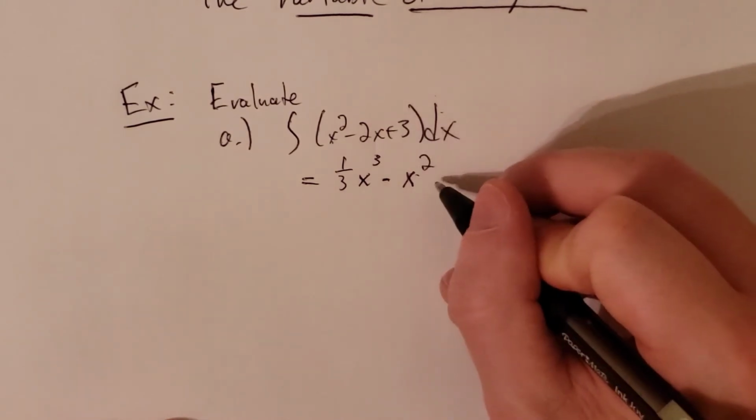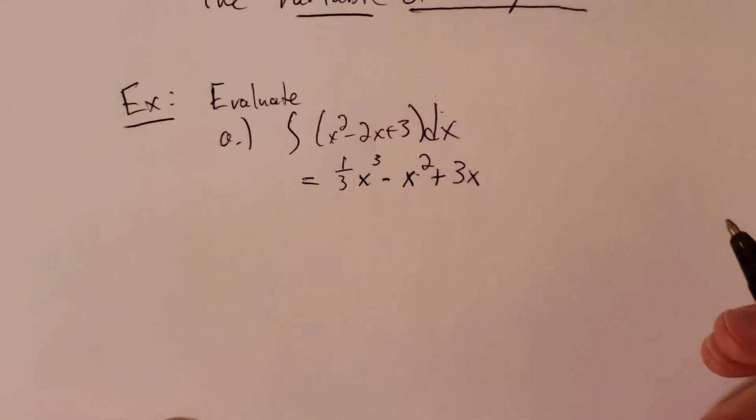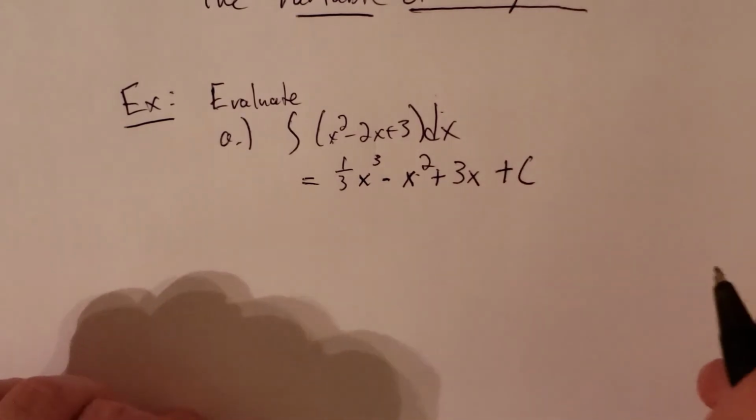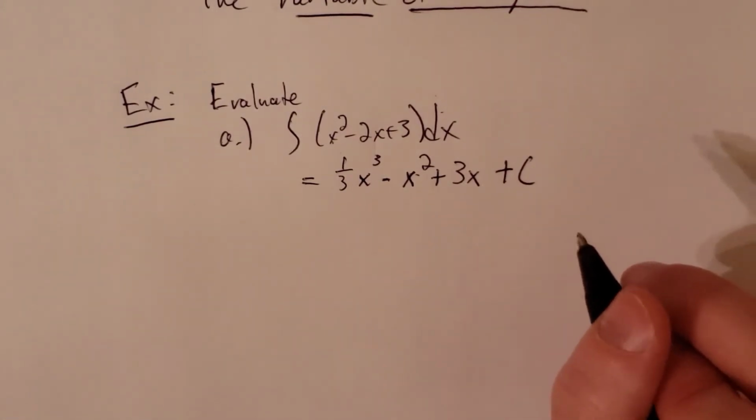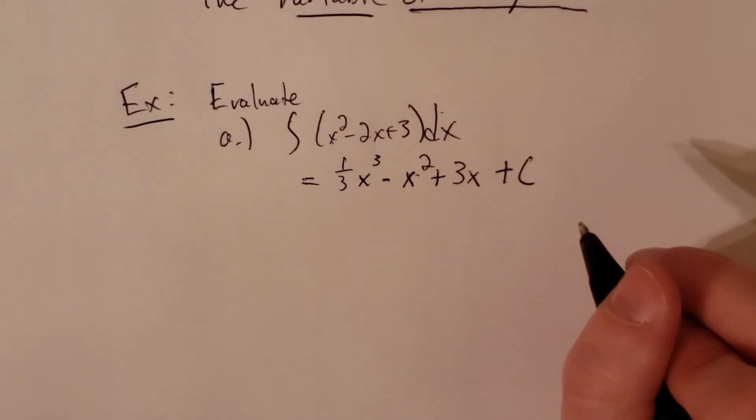And then the antiderivative of a constant is just the constant times the variable of integration, so 3x. And then at the end, we add some constant c for our general antiderivative, or our indefinite integral.